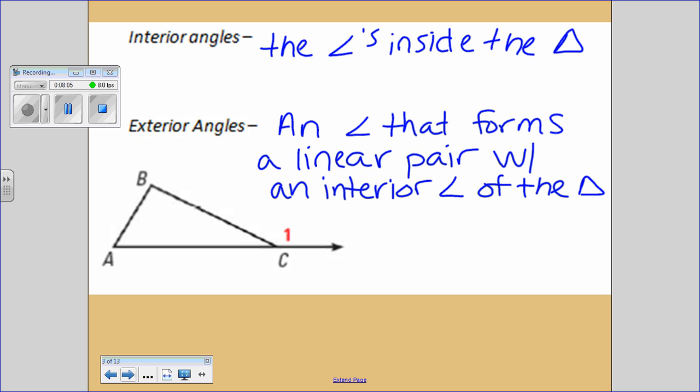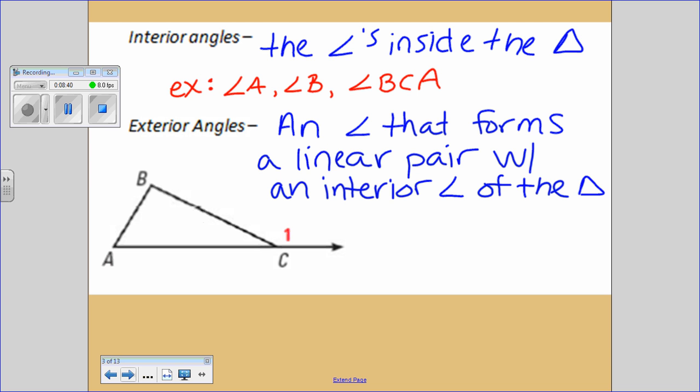So, angle A, angle B, and angle BCA are all interior angles of my triangle. So I'll write that up here. Examples. Angle A, angle B, and angle BCA. They're all interior angles. Then we have this angle 1.